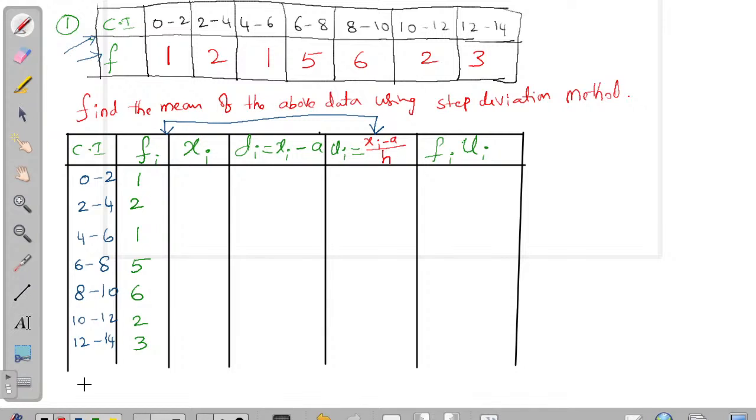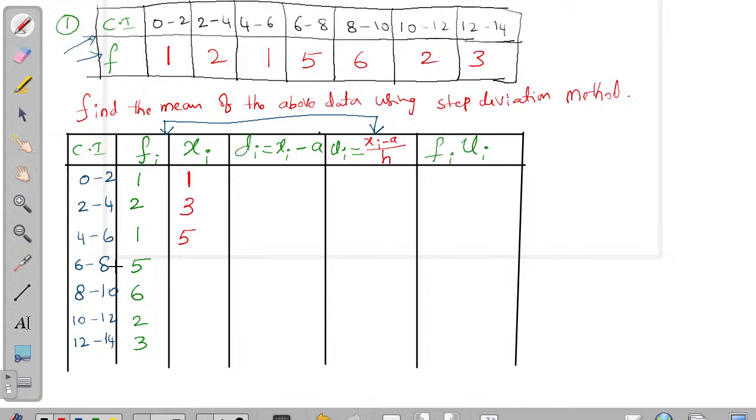After that, mid values. Mid value means the middle value of each class. We are all aware of the mid value. You have to add upper limit and lower limit and divide by 2. 0 plus 2 by 2, so the mid value of the first class is 1. 2 plus 4, 6, 6 by 2 is 3.